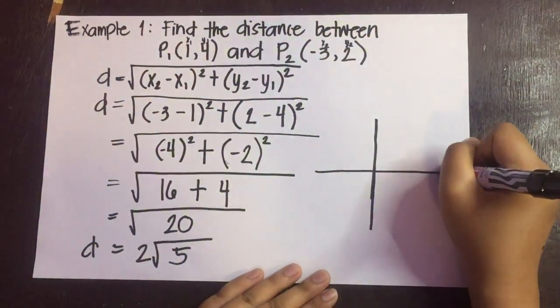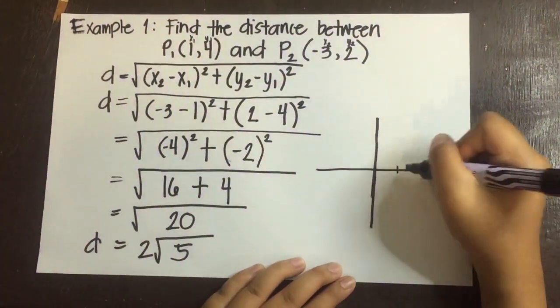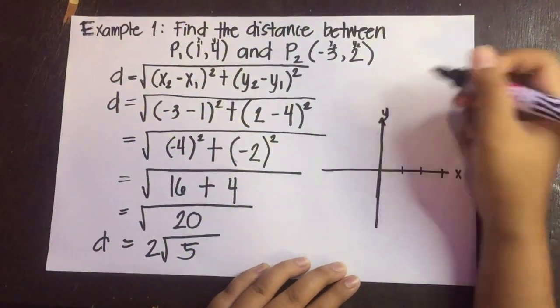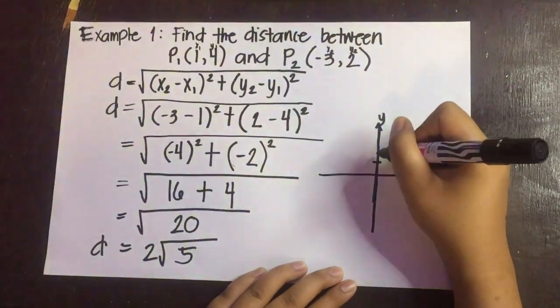So in sketching the graph, we are just going to plot the point 1 and the point 2.